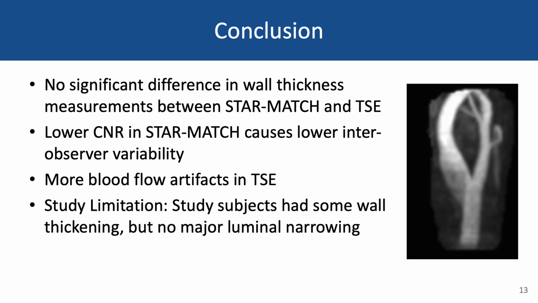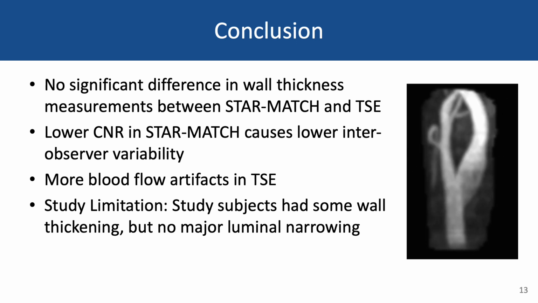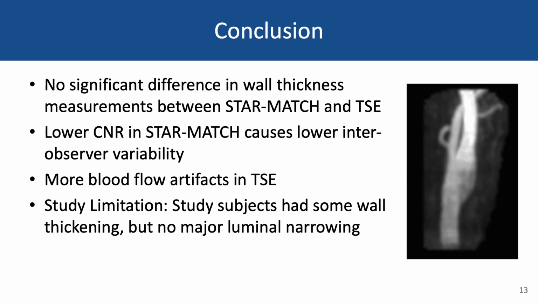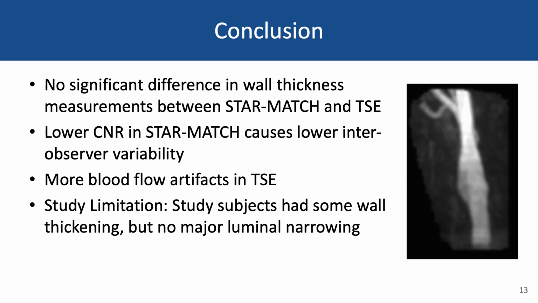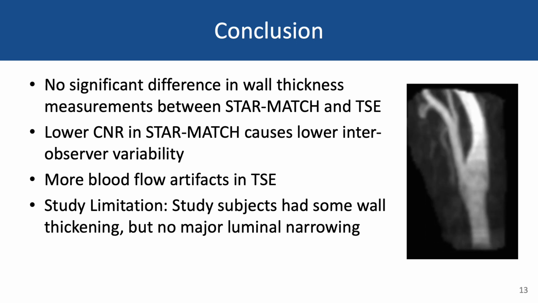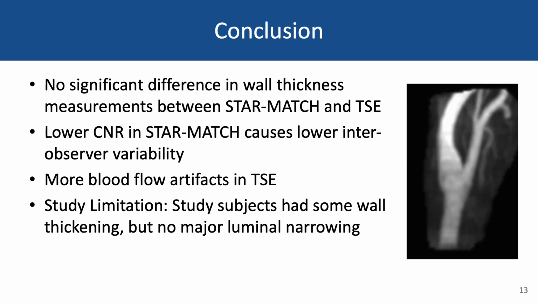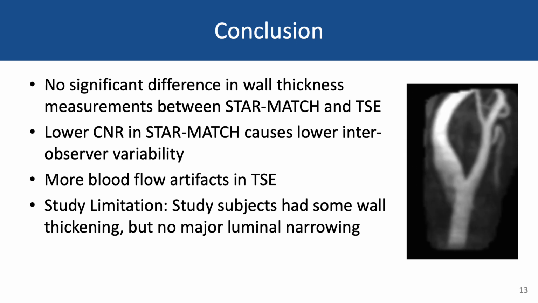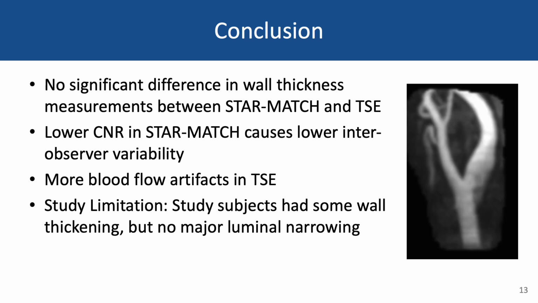STAR-MATCH may provide better alternative for measuring wall thickness with less flow artifacts and shorter scan time. This study did have few limitations since the study subjects had wall thickening but no major luminal narrowing. STAR-MATCH CNR was also sensitive to carotid coil placement and patient anatomy.